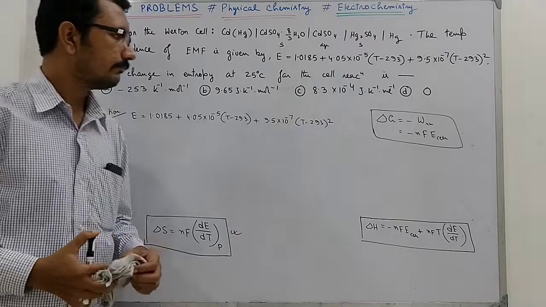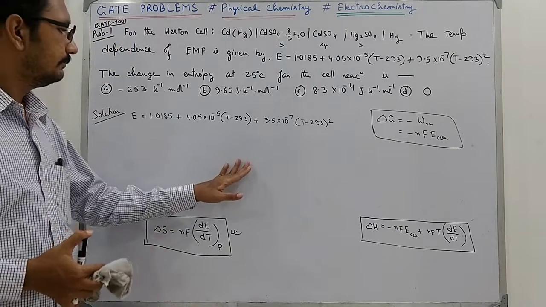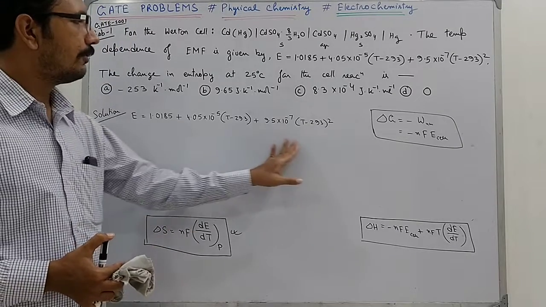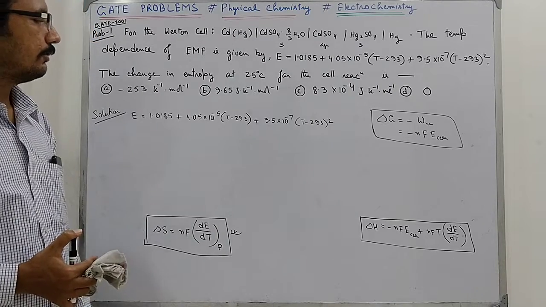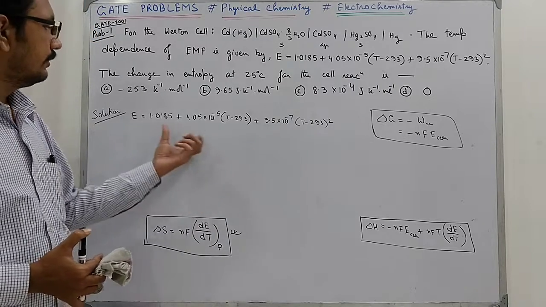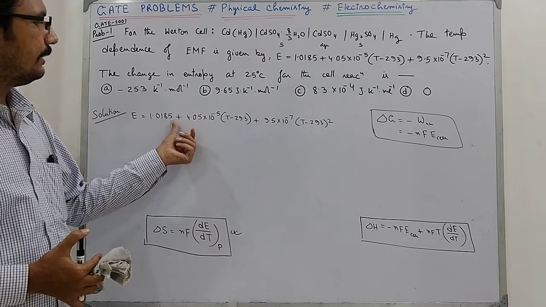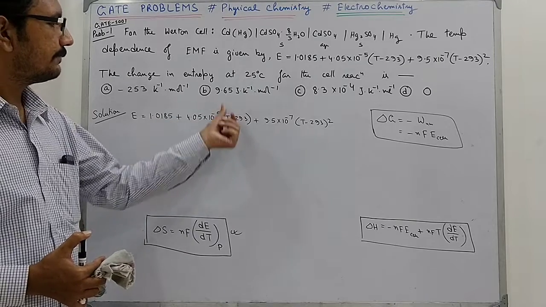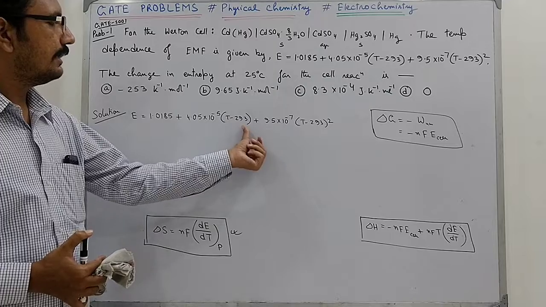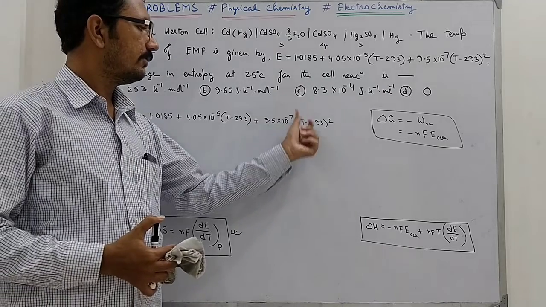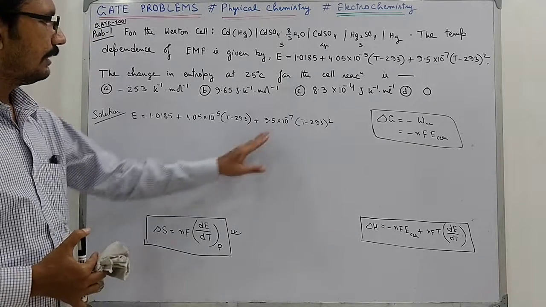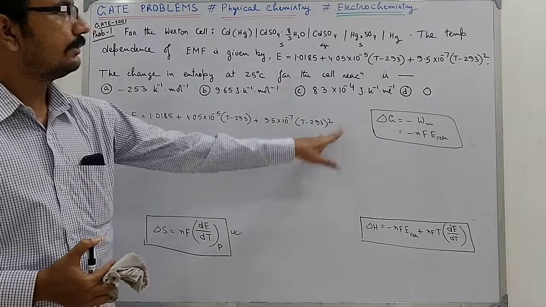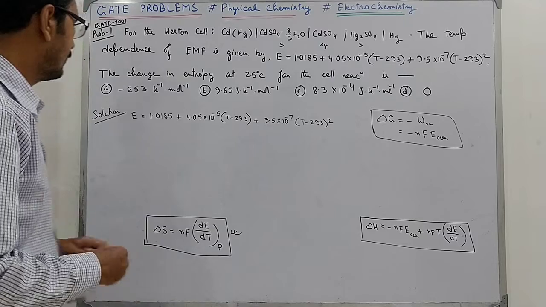Don't copy in a hurry, because if you copy this wrongly, then your entire problem will be wrong. You will get the wrong solution. So let us check. It is 1.0185 plus 4.05 times 10 to the minus 5 times (T minus 293) plus 9.5 times 10 to the minus 7 (T minus 293) whole square.